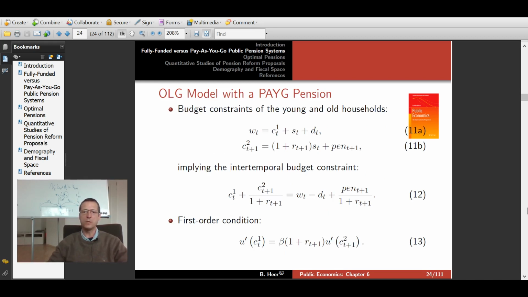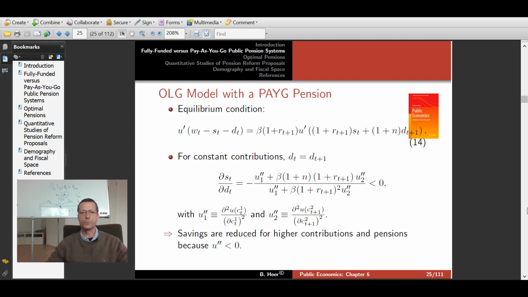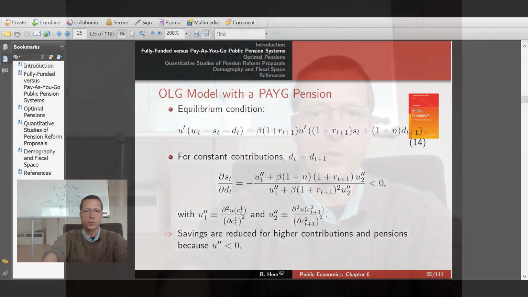This is our Euler equation 13, and we can substitute c_{1t} from equation 11a and c_{2t+1} from equation 11b to derive equation 14. 14 is our Euler condition, and this Euler condition I will show to you on the blackboard.